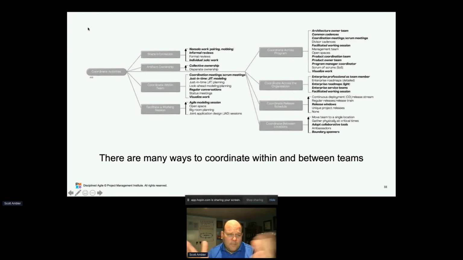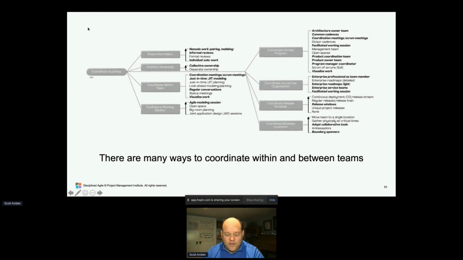And one more example, we also support coordination. It's about more than just having a 15-minute stand-up meeting every day. Come on, think for yourselves. How do you coordinate your work within teams? How do you coordinate across teams, across a program, across geographic locations? We've learned this the hard way, right?